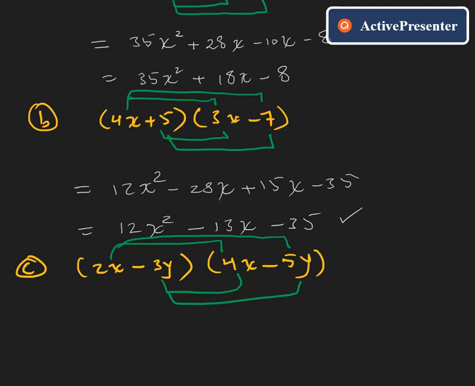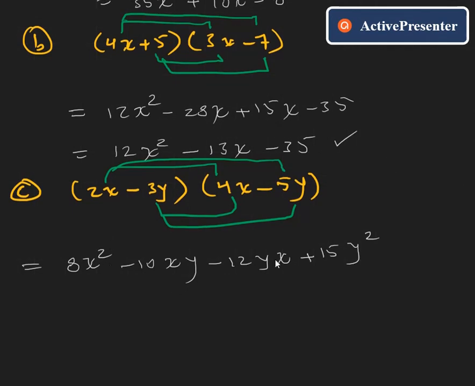So our answer should be 2x multiplied in 4x is 8x squared. 2x multiplied in minus 5y is minus 10xy. Now minus 3y multiplied in 4x is minus 12yx, and minus 3y multiplied in minus 5y is plus 15y squared. Now we add like terms.